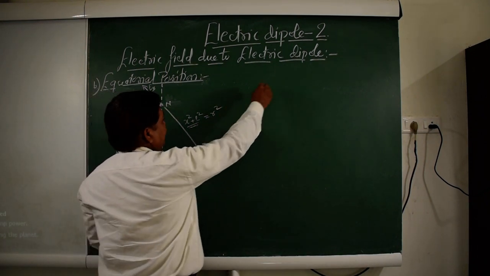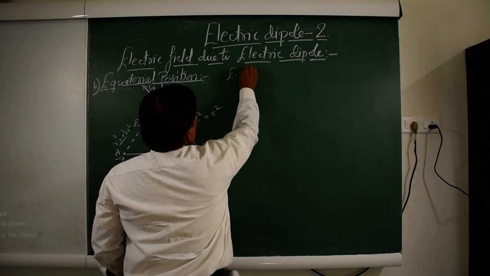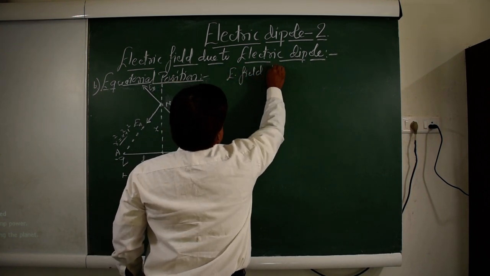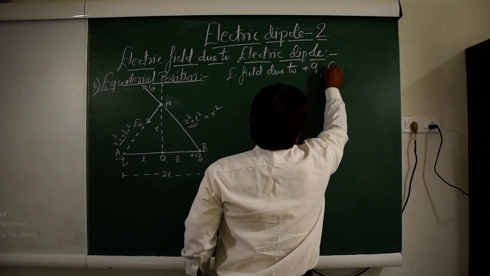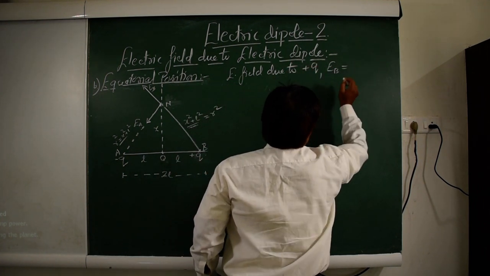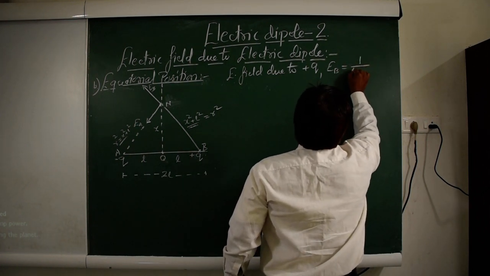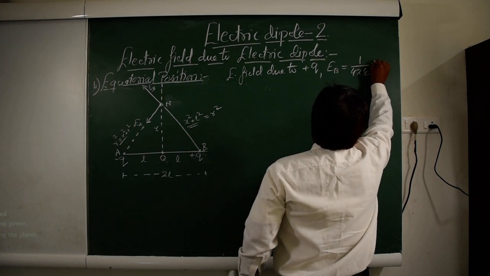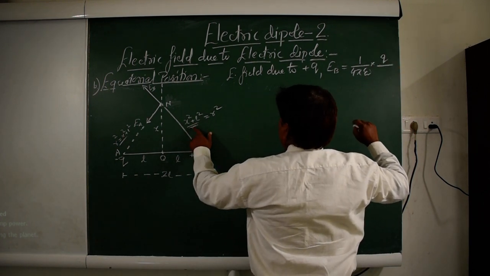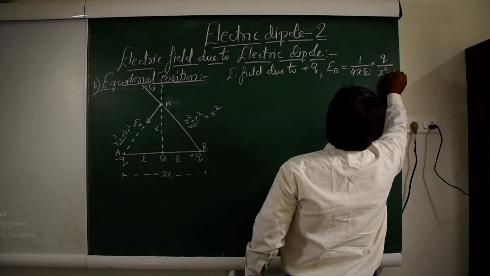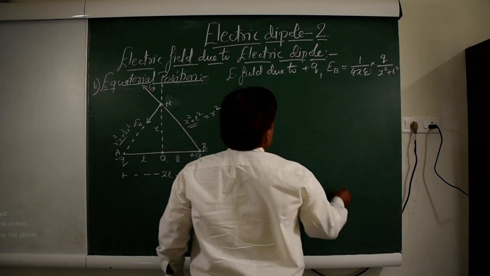Okay, the electric field due to plus q charge, EB, is equal to 1 by 4 pi epsilon naught, charge q upon the distance squared, r square, which means x square plus L square.